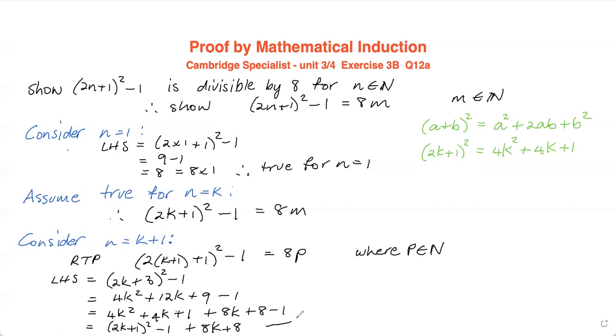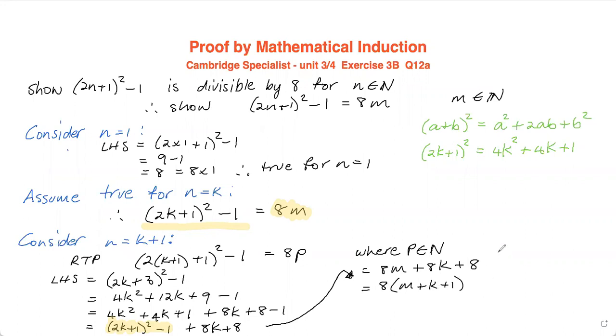Now I can substitute, because notice that is the same as this. So I'm going to substitute in the 8m instead. So that's equal to 8m plus 8k plus 8. Now notice very conveniently we've got a common factor of 8. So I'm going to take that out and I'll have 8 times (m plus k plus 1).